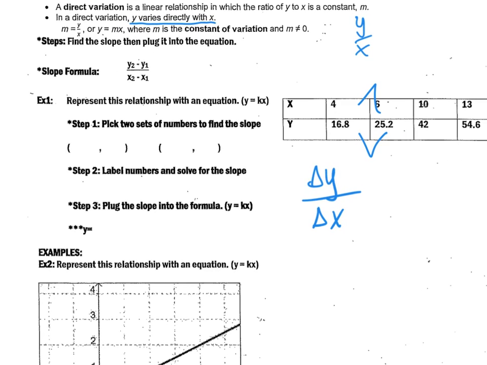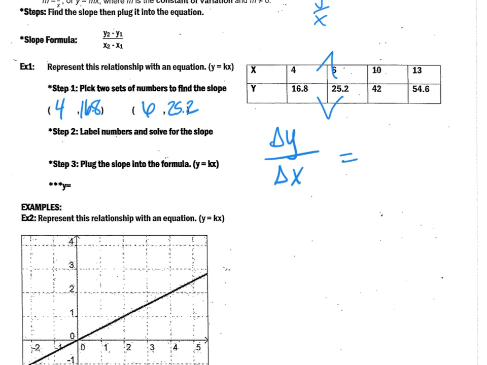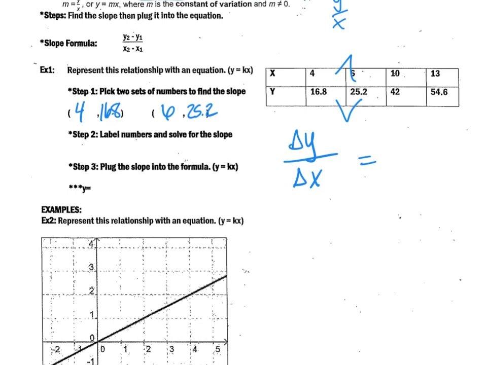So if we were going to do that, we could pick our 2 points. I'm just going to pick the first two. So 4, 16.8, and 6, 25.2. And we're finding that change. So 25.2 minus 16.8 over 6 minus 4.